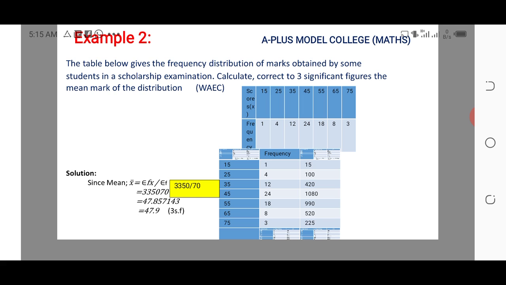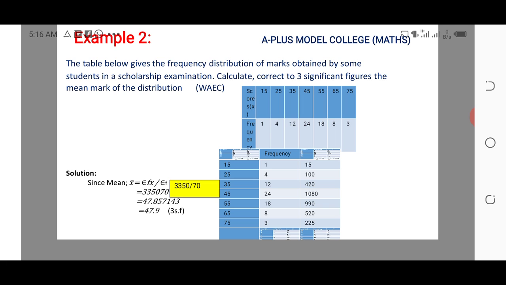You add the frequencies together and you add the fx together. When we added the fx column together, it gave us 3,350, and when we added the frequencies together, we have 70. That is why the mean there is the summation of fx over the summation of f, which is the addition of all the fx column over the addition of the f's.